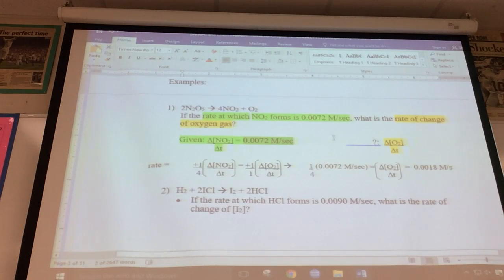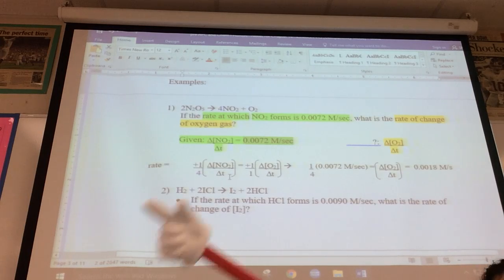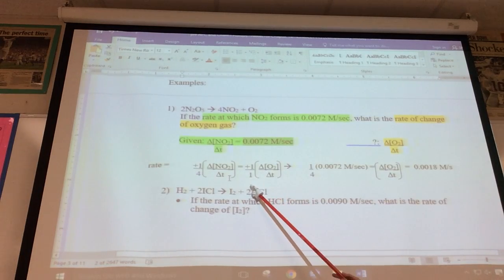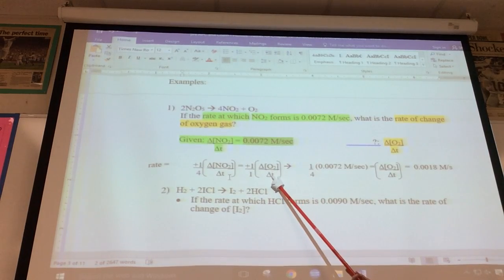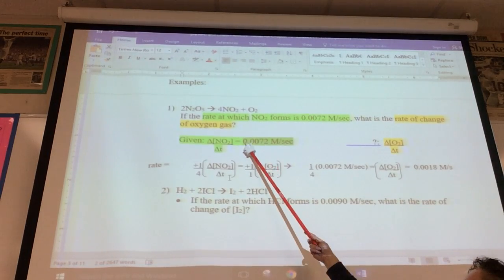We're going to write a rate equation with these two terms, if you will. Both are products, both have positive 1. The 4 from the coefficient, change in concentration of nitrogen dioxide over the change in time here. Positive 1 over the coefficient of oxygen gas, change in concentration over the change in time.